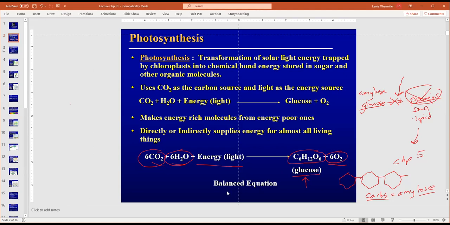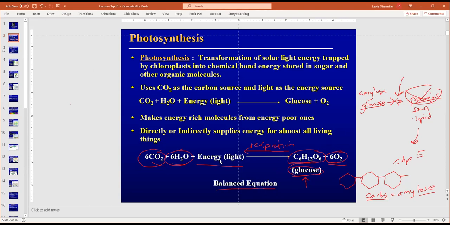So that's what's going on, and this is the balanced equation. And what you guys learned in chapter 9 is the exact opposite. So that's respiration. And we take in oxygen and glucose, and we learn we can use other things besides glucose, like proteins and things like that.